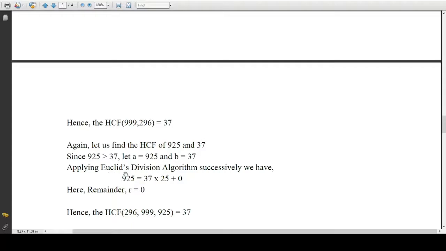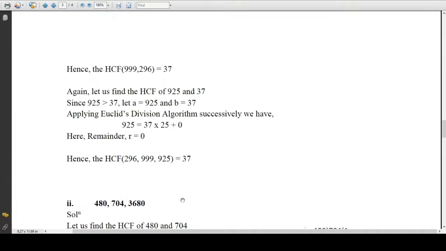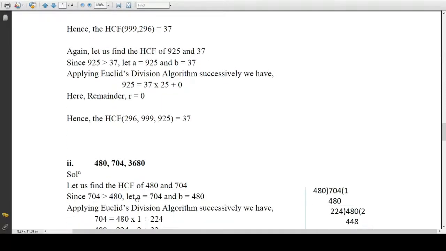When you apply Euclid division algorithm, you will find that 925 is equal to 37 multiplied by 25 plus remainder 0. Therefore the last divisor here, 37, will be the HCF of these 3 numbers. Clear? The same thing you will proceed with for the next number also. You will do the same way.